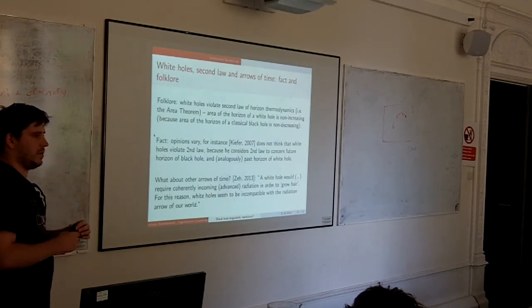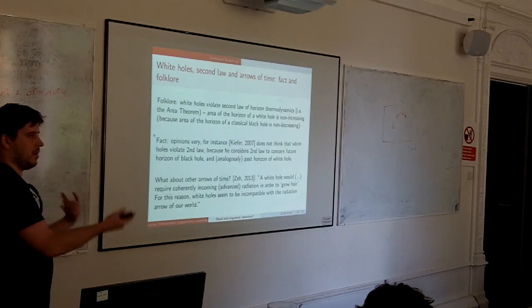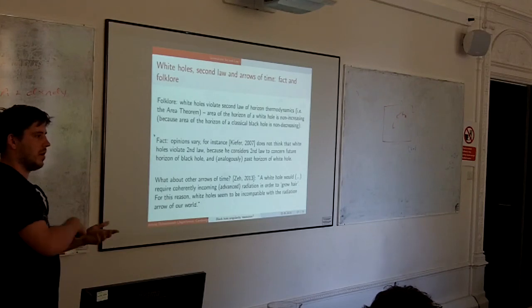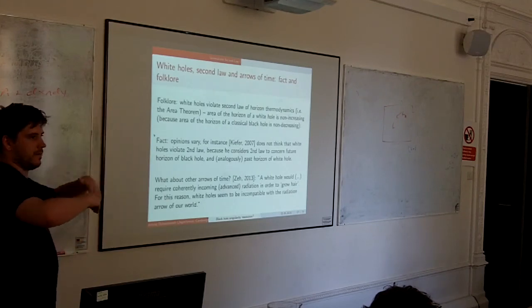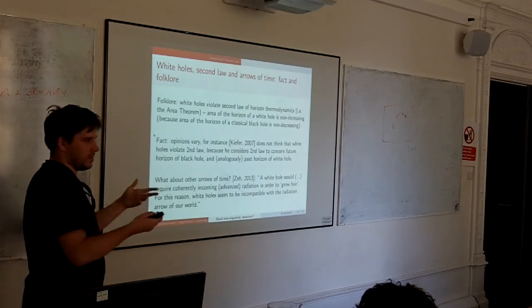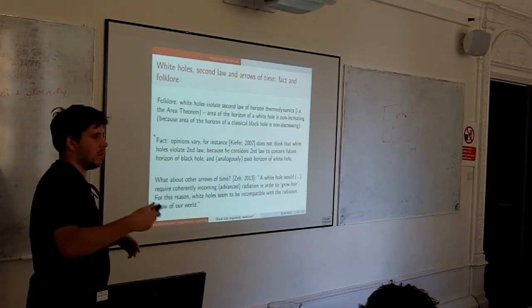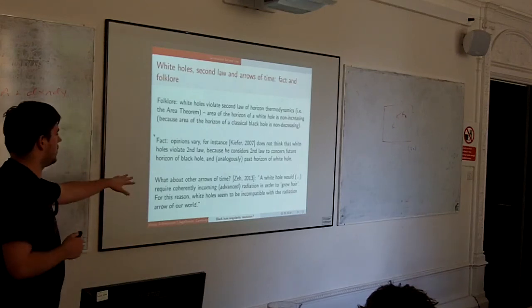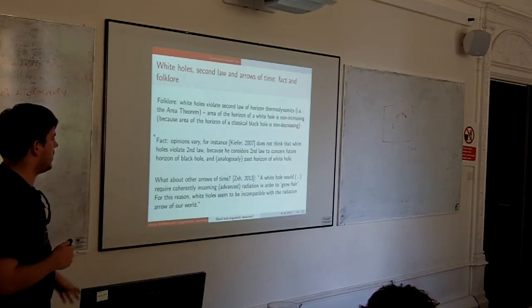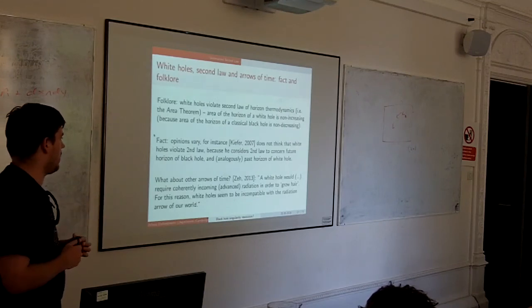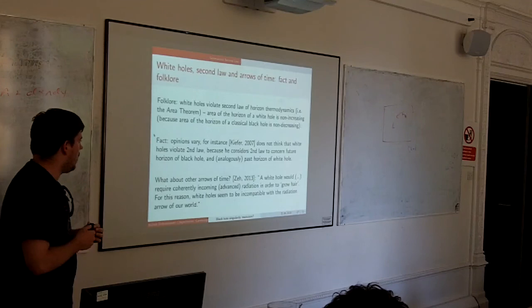So the idea would be that, if I have a white hole as time reverse of black hole, it also satisfies the null hair theorems. But once the sort of stuff starts to come out of white hole, it would grow hair because it would be characterized by baryon number and so on. And so white holes seem to be incompatible with the radiation arrow of time.